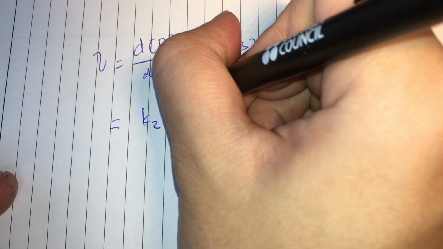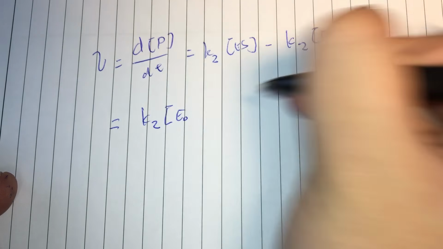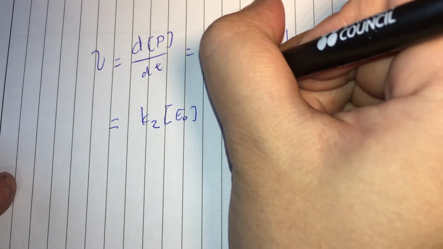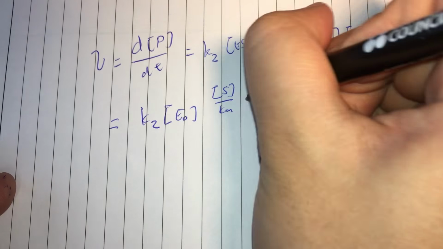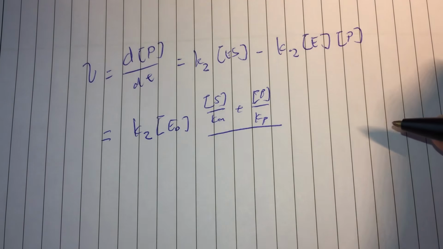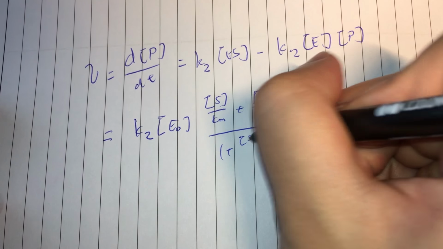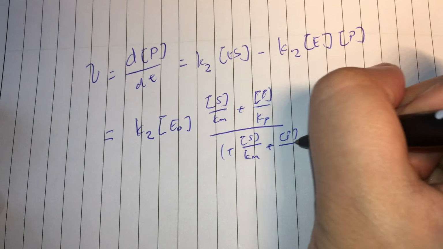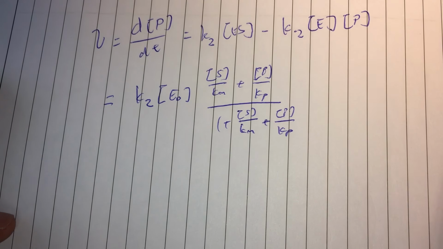So let's just write k2, and we have E naught, and we'll have whatever is in this box. So it's S over Km plus P over Kp over 1 plus S over Km plus P over Kp, right?